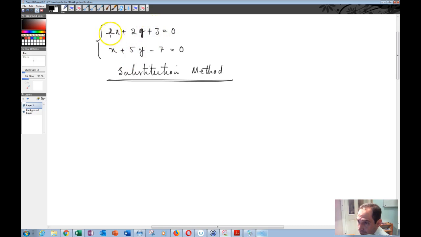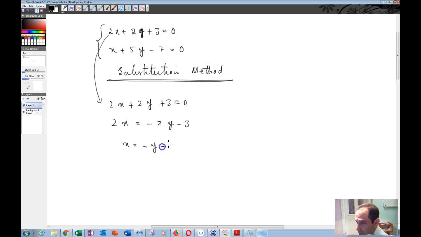So you take this equation over here, 2x plus 2y plus 3 is equal to 0. What you can do is express x in terms of y, meaning that you write 2x is equal to negative 2y minus 3, and then x is equal to negative y minus 3 by 2. And so that is x in terms of y.